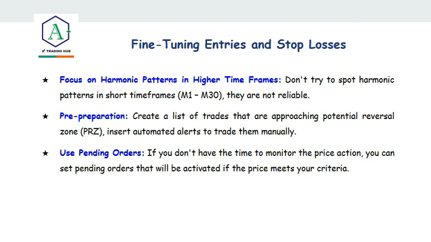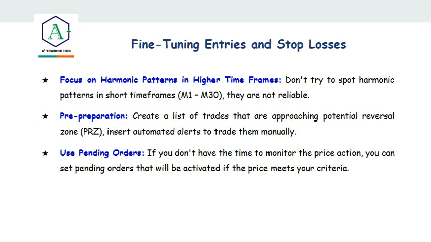So once price approaches that level, it will trigger your entry and everything will start running. Even if you are not on screen to monitor the price action, you won't miss the next move. So that is how you trade the harmonics.